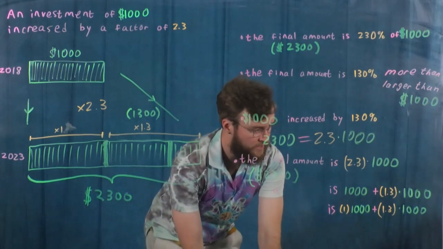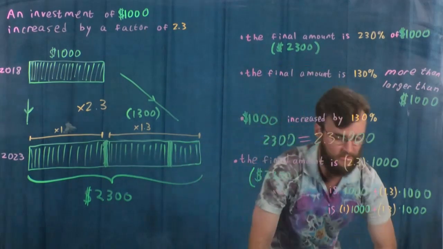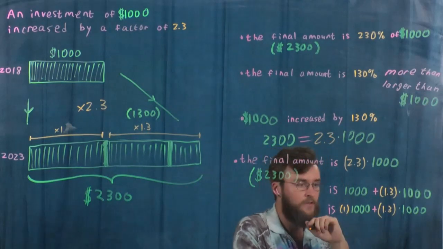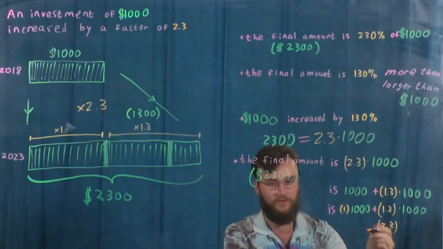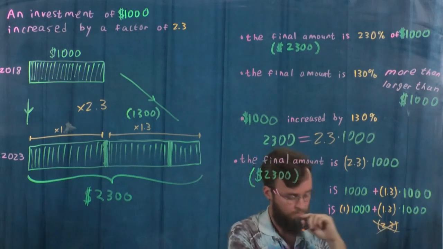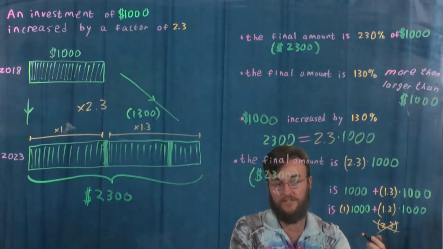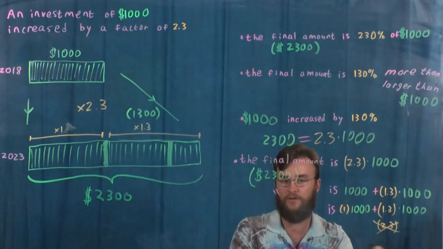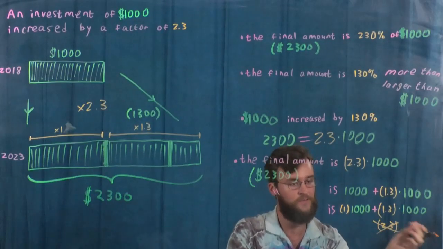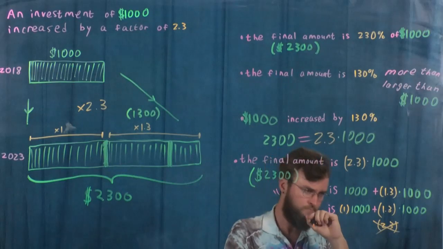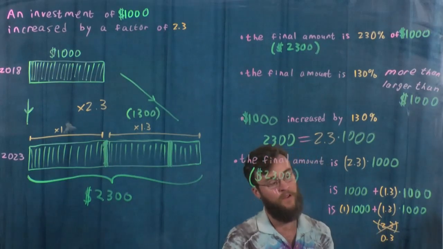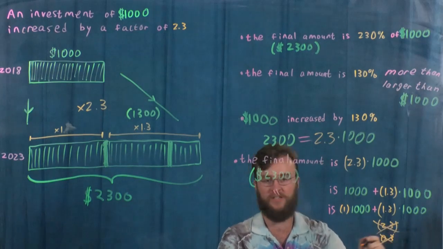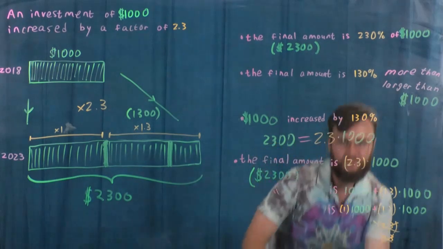And then, a few ways that there might be an incorrect variation of this answer. It might say 2.3. That's not correct because your investment didn't increase by 2,300. The final amount was 2,300, but that means it only increased by 1,300. Or it might go the other way, where it just says 0.3. That's not correct either. That would be saying you only made $300.